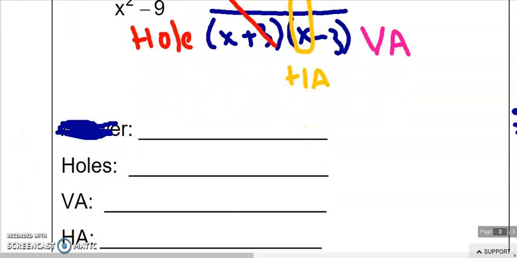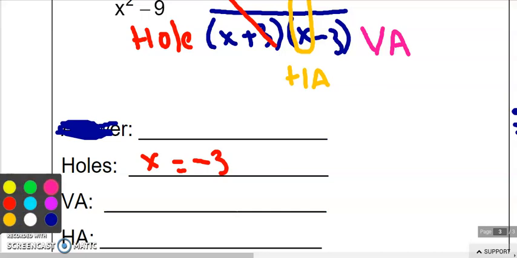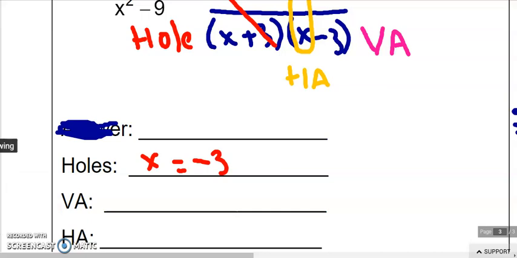So when I fill it in, my holes bring the canceled out factor to 0. So if I see x plus 3, I know negative 3 will bring that to 0. My vertical asymptote brings the remaining factor in the denominator to 0.